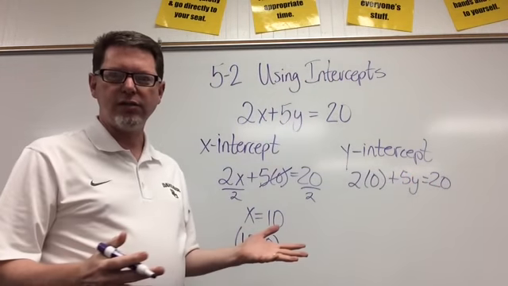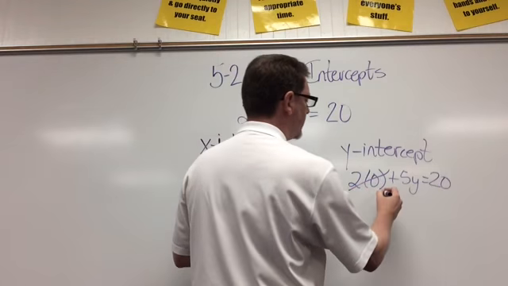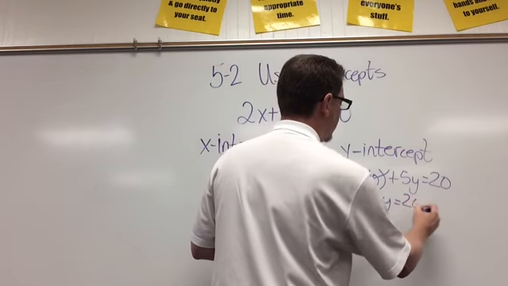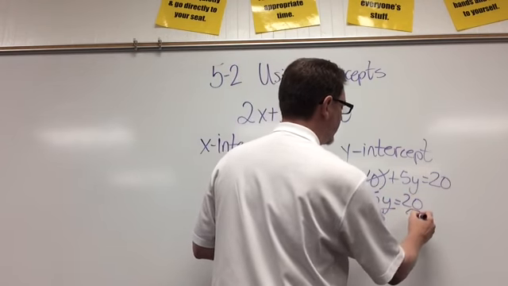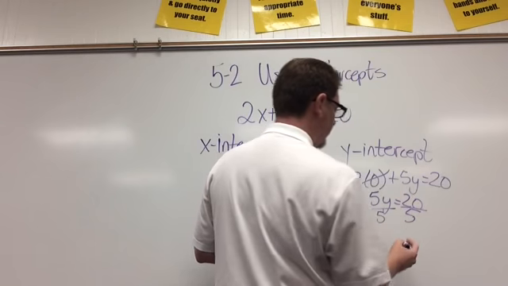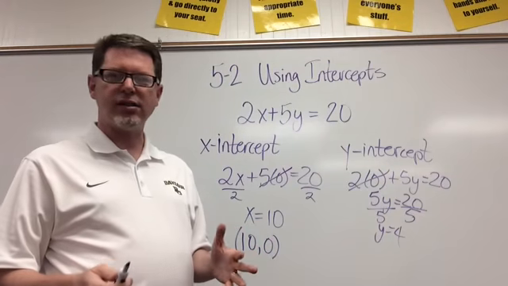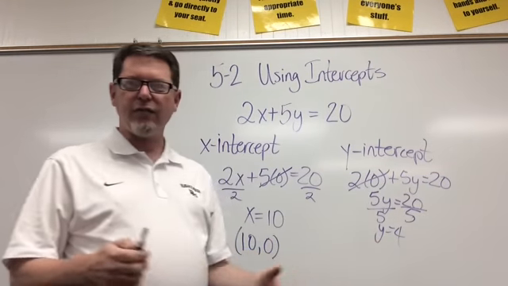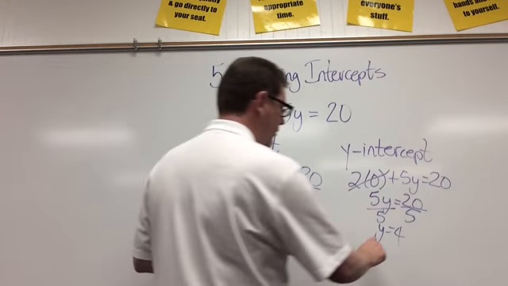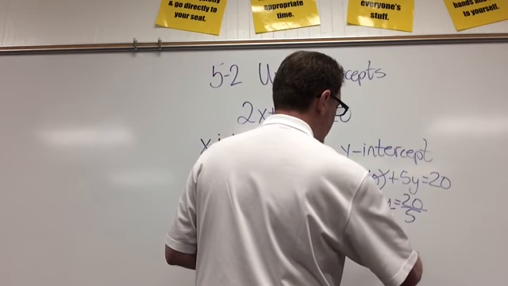I know that 2 times 0 is 0, so I'm left with 5y equals 20. Divide both sides by 5, and y equals 4. So my y-intercept is 4, and if I wrote that as an ordered pair, it would be 0, comma 4.